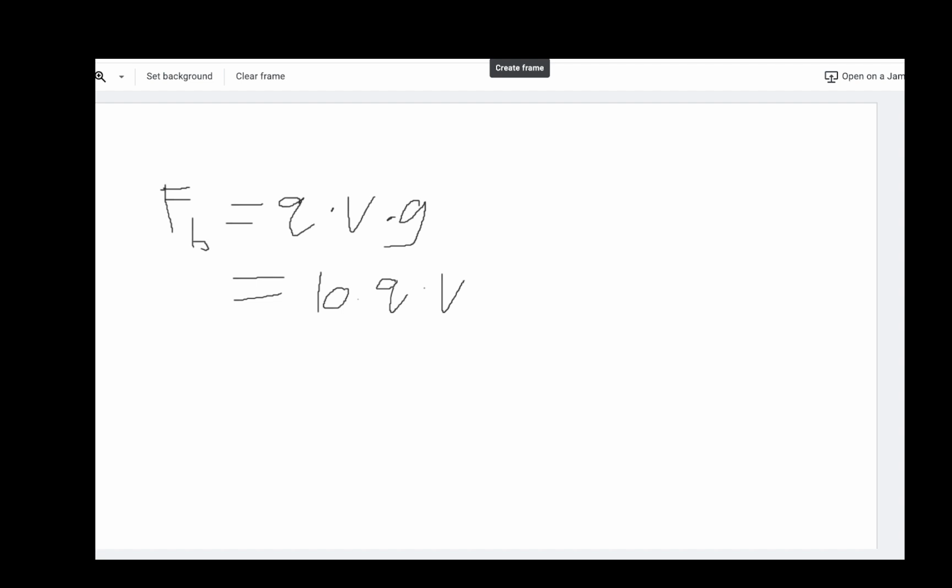We can sub in density as the density of the fluid that the object is in, which let's assume is water. And we can sub in volume as the amount of space taken up by the object in the fluid. I know that sounds hard to visualize, so I'm going to draw a picture.